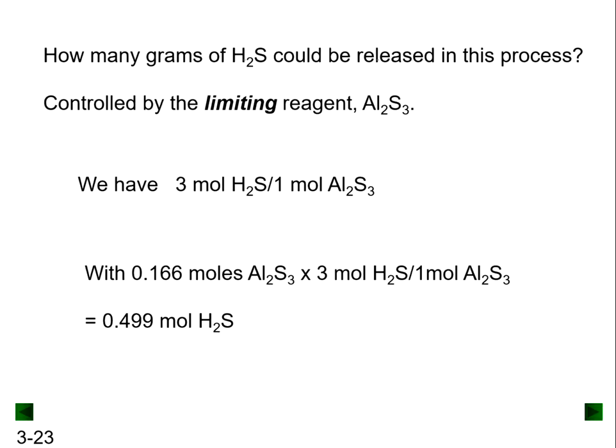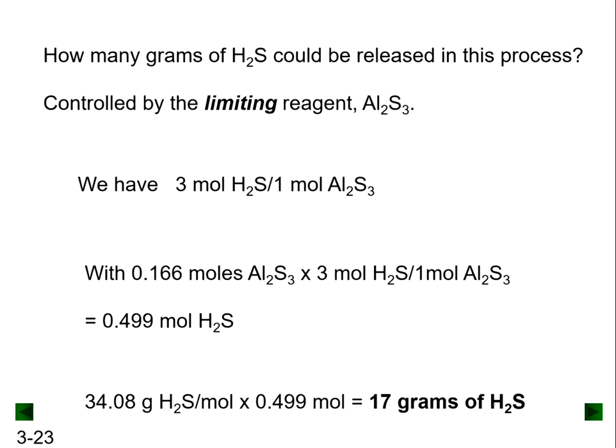Moles multiplied by the molar mass will give us grams. We need to calculate the molar mass of hydrogen sulfide, which you can do quite readily. It's 34.08 grams of hydrogen sulfide per mole. Multiply it by 0.499 moles, and we end up with 17 grams of hydrogen sulfide as the theoretical yield. That's how many grams we could potentially release in this reaction.